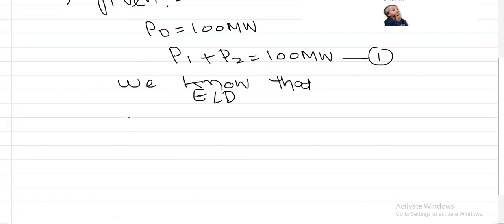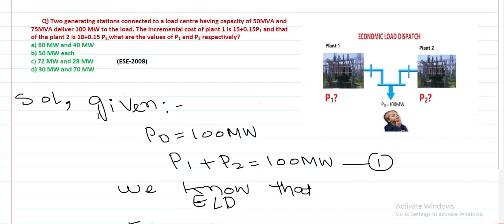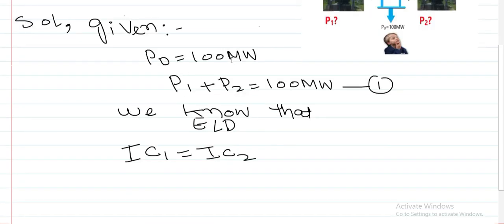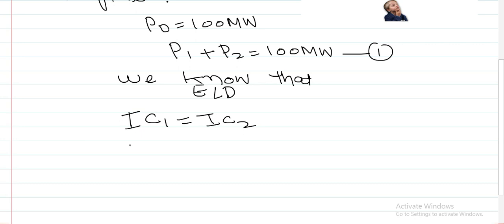That is, IC1 equal to IC2. IC1 is given as 15.0 + 0.15 P1. That is, we can write 15.0 + 0.15 P1 equal to the incremental fuel cost of plant 2, that is 18.0 + 0.15 P2.